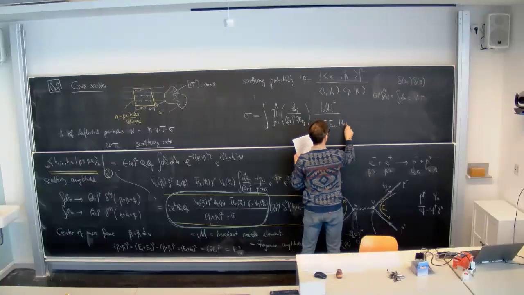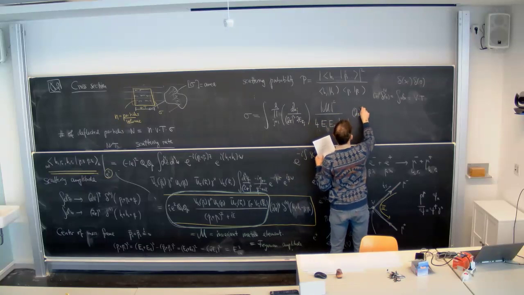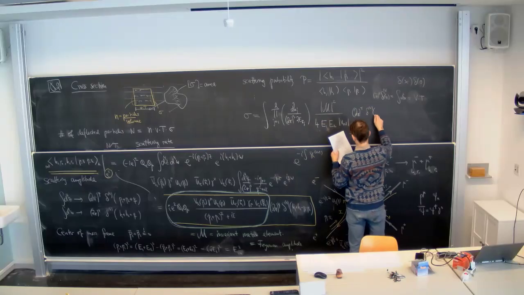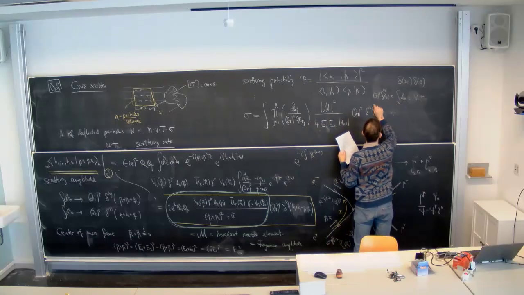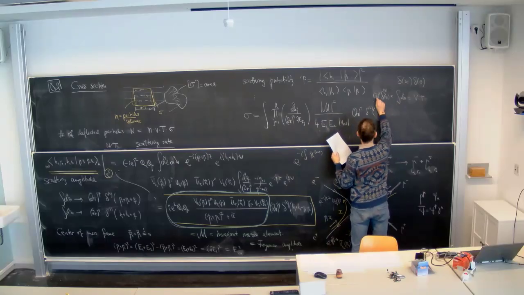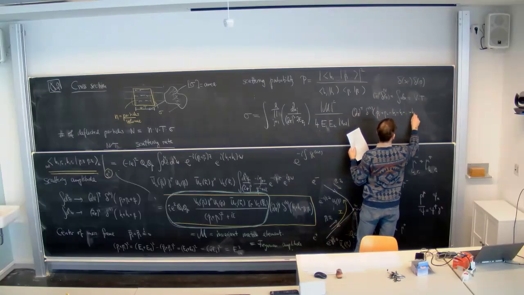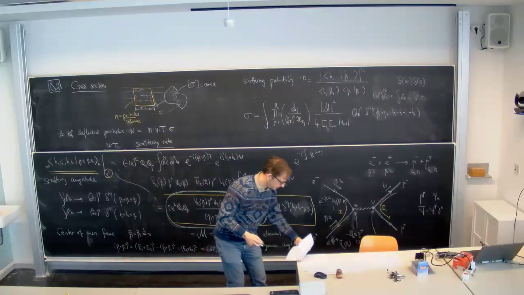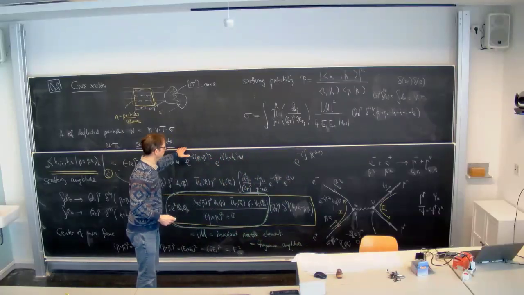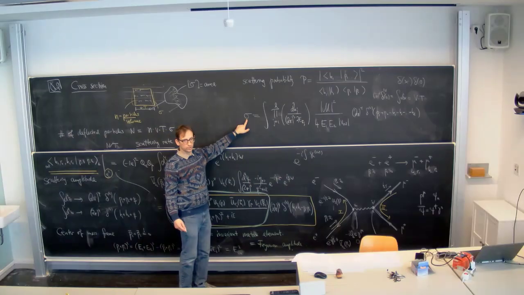Then we have the relative velocity, and then it's just these factors, the delta function of Q1 plus Q2 minus the sum of the k's. So this is now the way from the amplitude to the observable, the cross section.